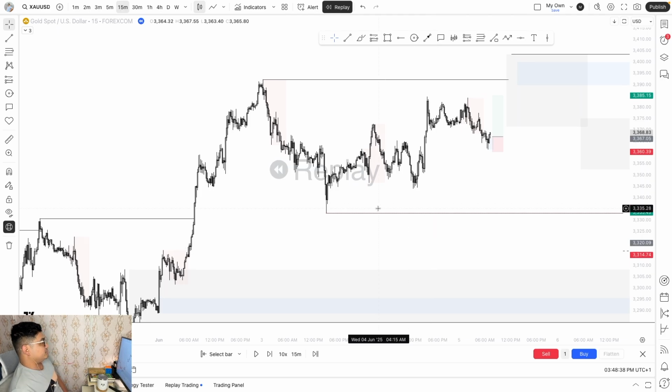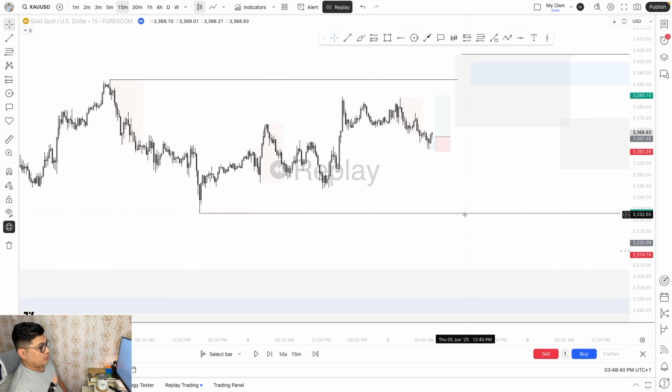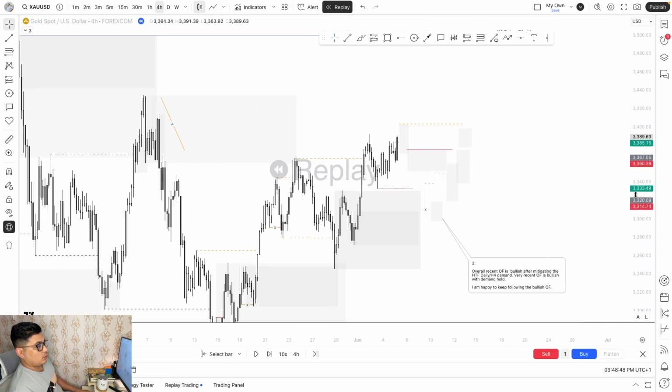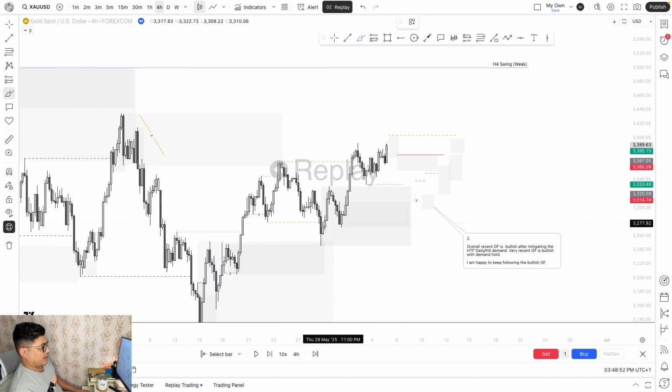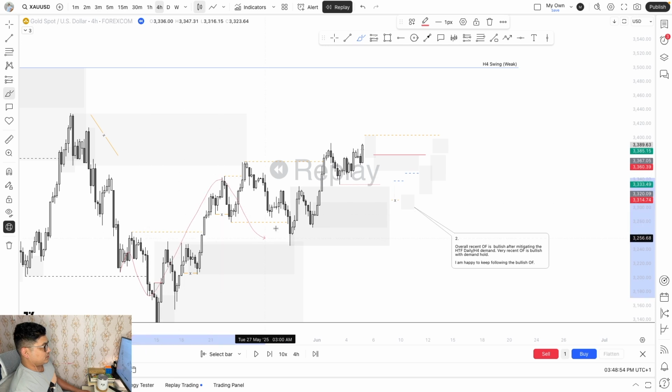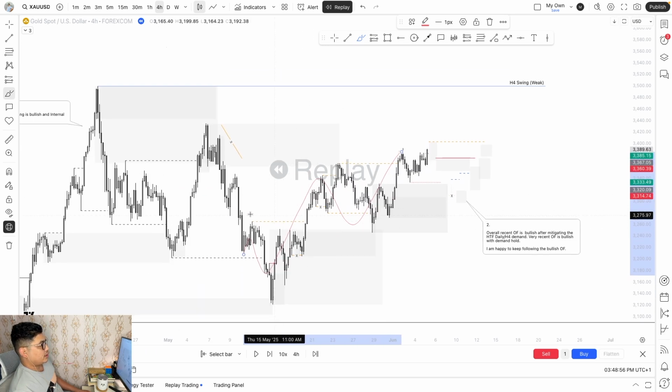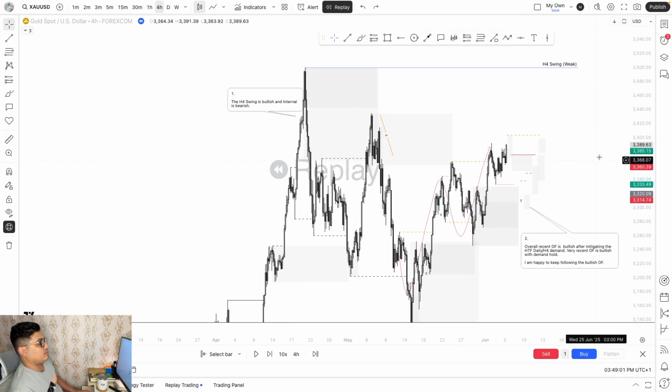Alright, so this is the first trade I've taken on gold, which was on the 5th of June. If you just go to the H4, overall you can see that the price has a bullish structure. It's just holding. Of course, I'm fully aware that the internal is still bearish, but what is the objective of internal?